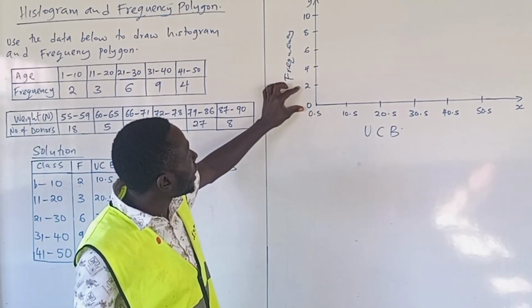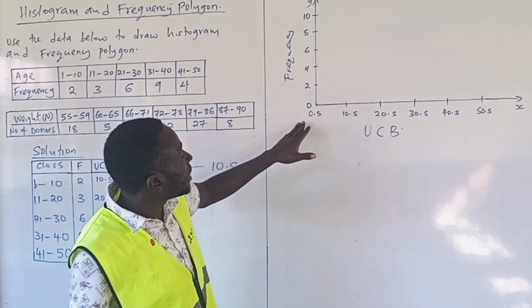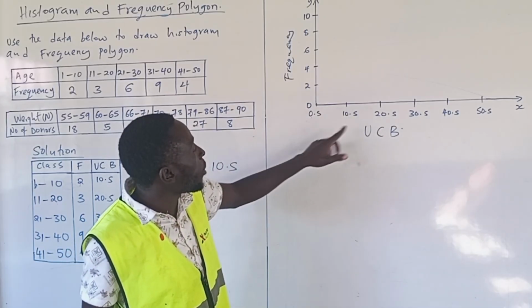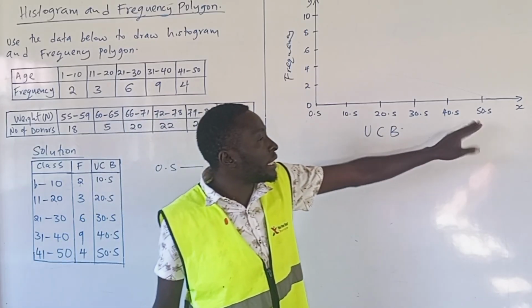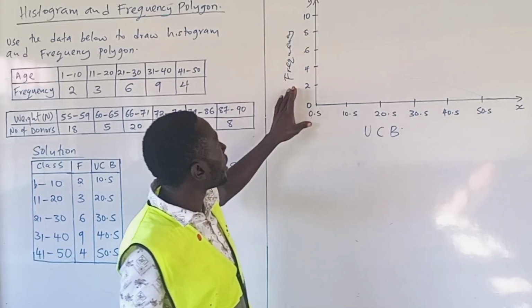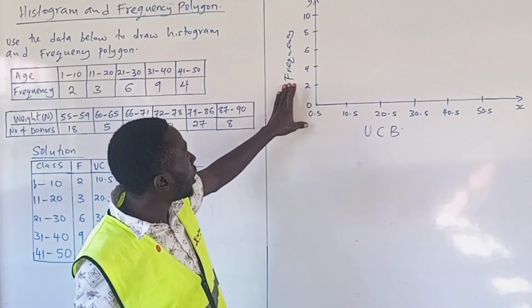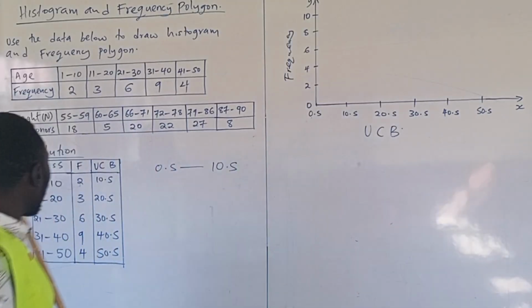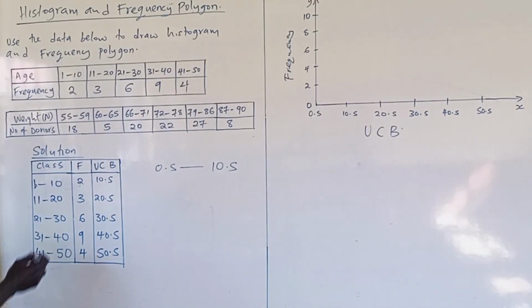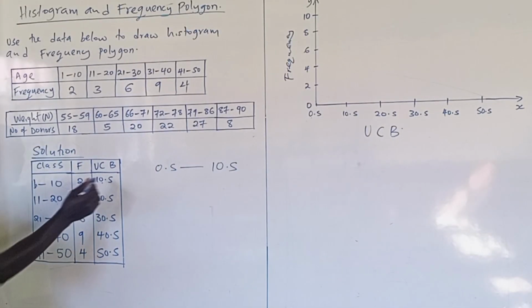So you represent, the scales are different. This one scale, every box represents 10, and every box represents 2 units. So now just plot, that one is now easier. Just plot frequency 2, 10.5.